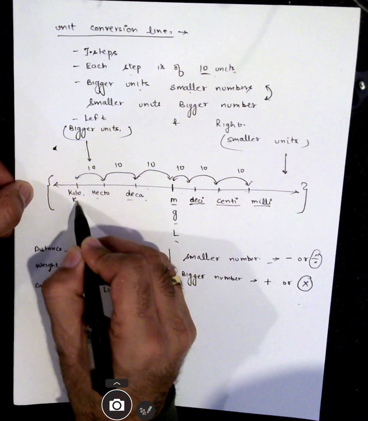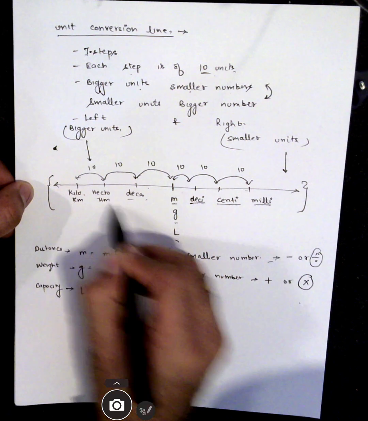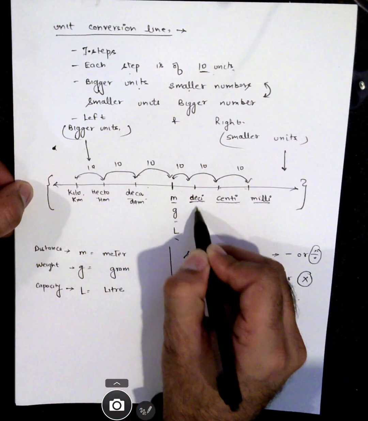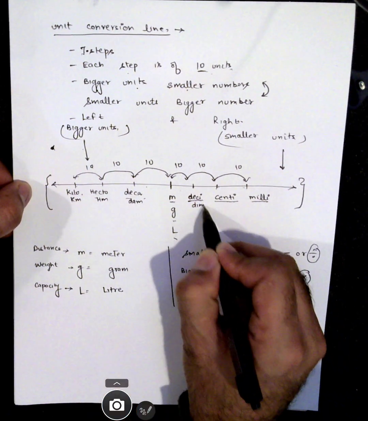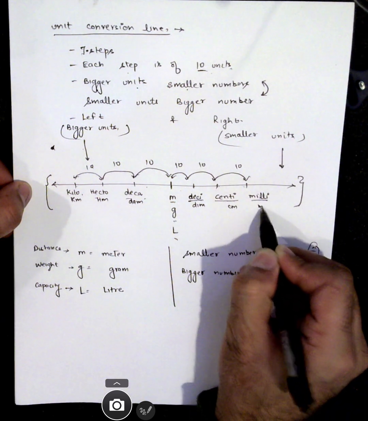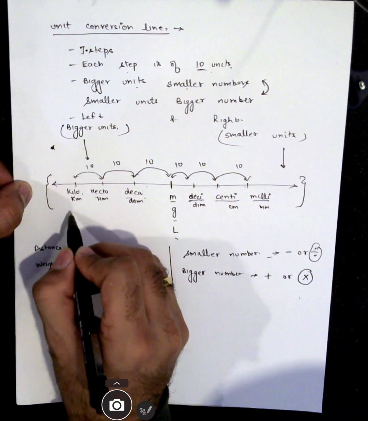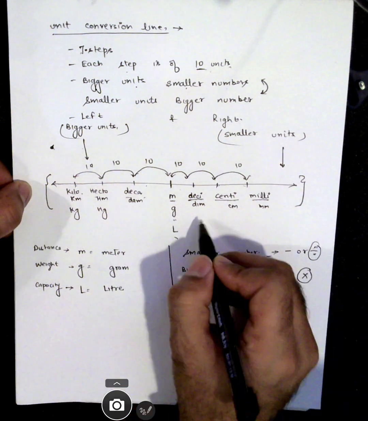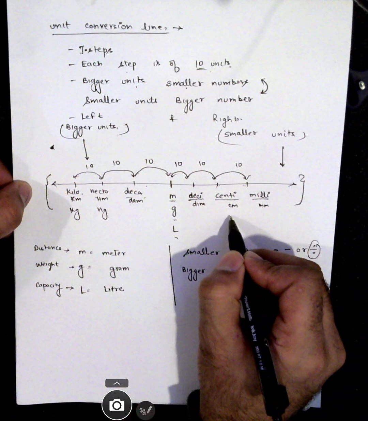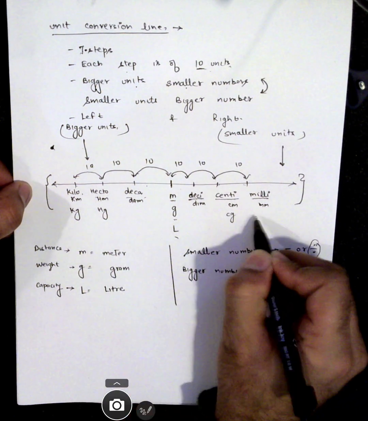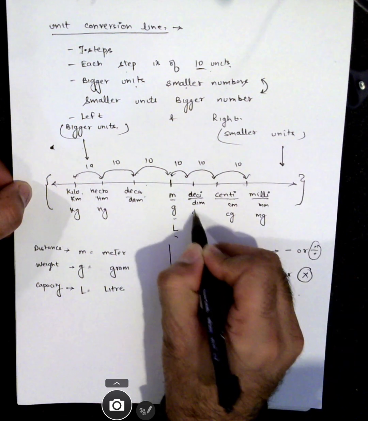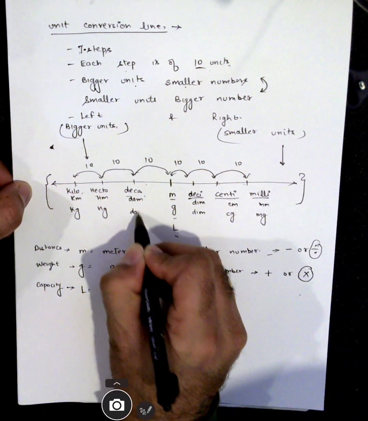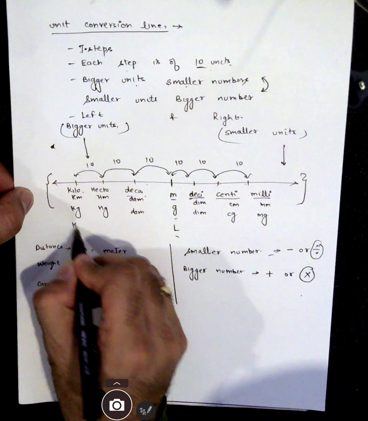So we have kilometer, hectometer, decameter, decimeter, we have centimeter, we have millimeter. Then we have kilogram, same here. The key ones are going to be CG, MG. You can just keep on using the same abbreviations here.